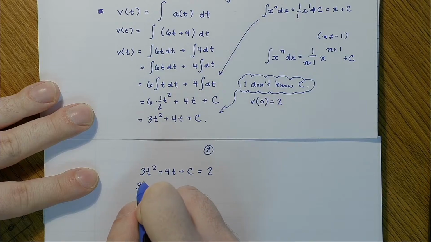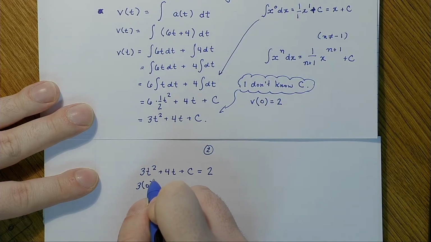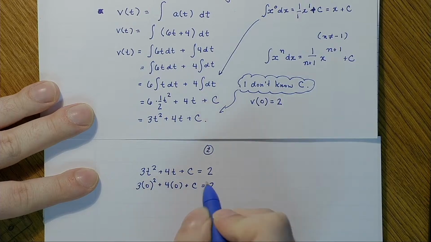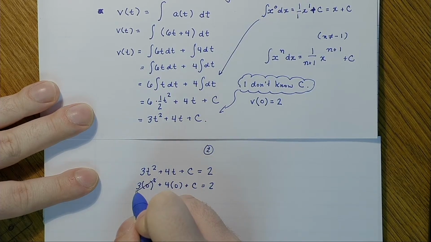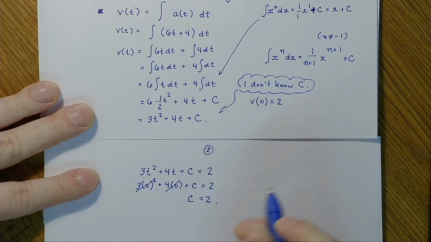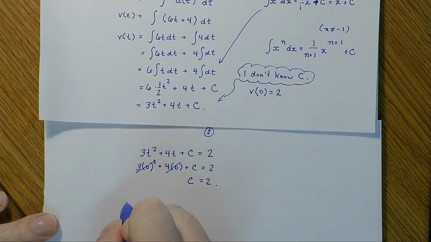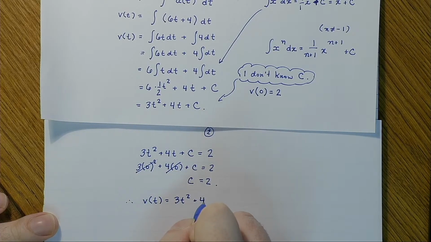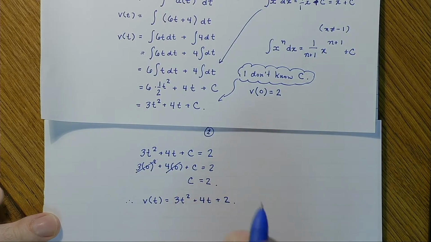So 3 times 0 squared plus 4 times 0 plus c equals 2. These are 0, this is 0, so I'm left with c equals 2. And then I could conclude that the velocity is 3t squared plus 4t plus 2.